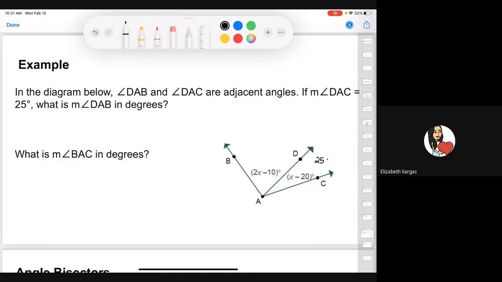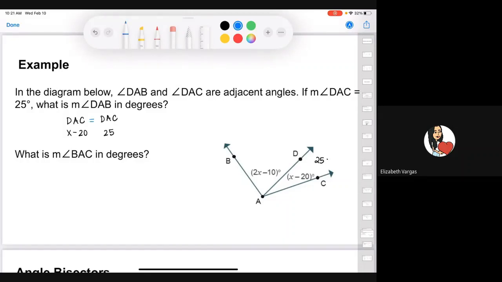Well, in order to find the measure of DAB, what we want to identify is what the x is equal to. And so we know that DAC is equal to x minus 20, but we also know that DAC is equal to 25. And so those are one and the same.